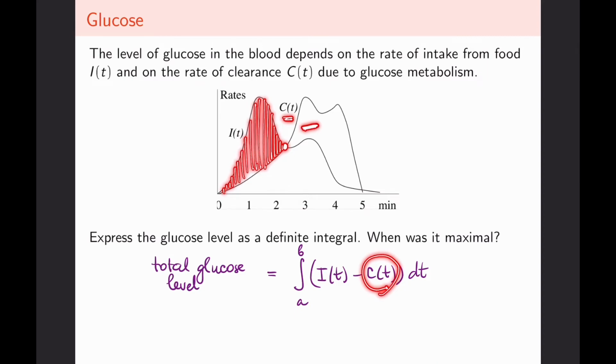So the maximal amount occurs at around, let's say, 2.3 minutes. About 2.3 minutes. Okay, so once again, this area will be positive, this area will be negative, so the maximal will occur at the point at which we've managed to accumulate the most positive area and none of the negative one.